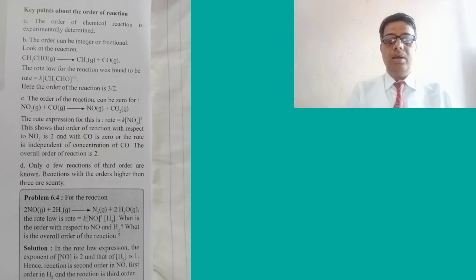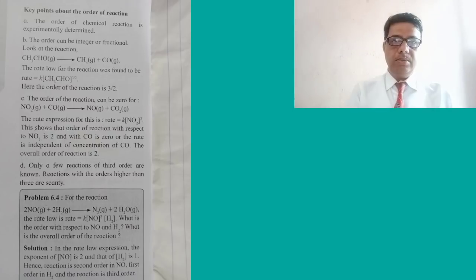By observing the reaction and rate equation, we say that the order of the reaction with respect to NO2 is 2 and with respect to carbon monoxide is 0. Here we say that the rate of reaction is independent of the concentration of carbon monoxide. So the overall order, how is it calculated?